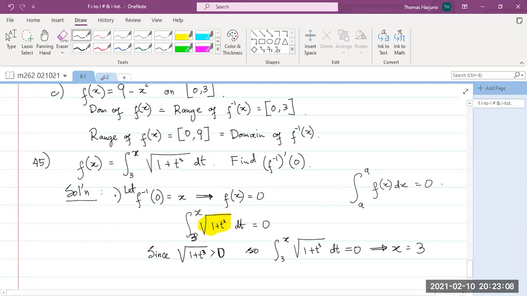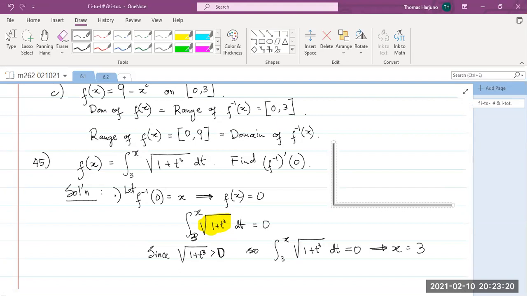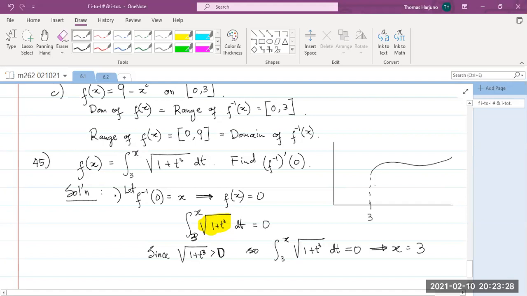Imagine it this way. If we look for the area of this non-negative function, let's say that's what the curve looks like. This is the square root of 1 plus t cubed.